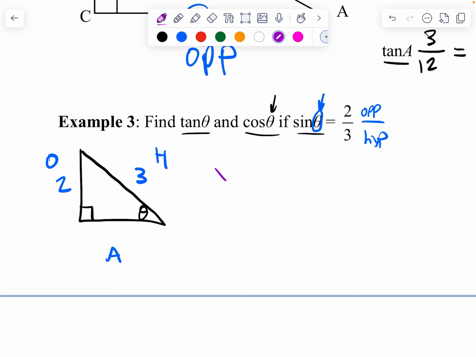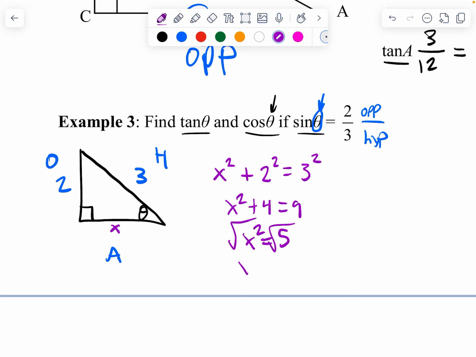Leg squared, we're missing it, so I'm going to use x to represent my missing leg, plus my other leg squared equals my hypotenuse squared. So x squared plus 4 equals 9. Minus the 4, x squared equals 5. Take the square root, x equals the square root of 5. And there is your adjacent side, square root 5.